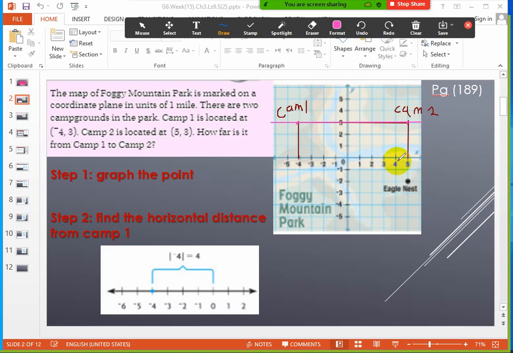When we talk about the x coordinate, you have to take it according to the sign, positive or negative, left or right.